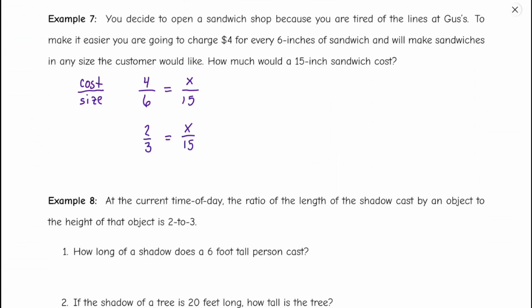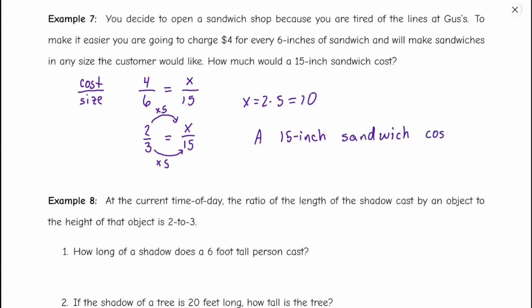After we do that, you can take the 3 times 5, which means 2 times 5 has to equal x. So x equals 10. So a 15-inch sandwich costs $10.